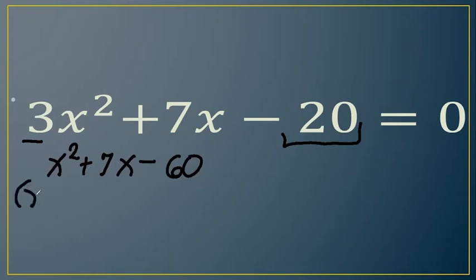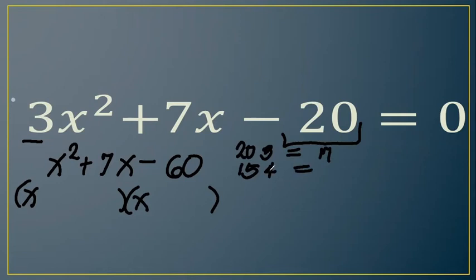The factor of x squared is x times x. There are a lot of factors of 60, so we need to think of just one factor pair that when we add, the answer is 7. Let's try some. 20 times 3, but when we add them with different signs, that is 17. Then we have 15 times 4, but with different signs, by subtraction, we have 11.